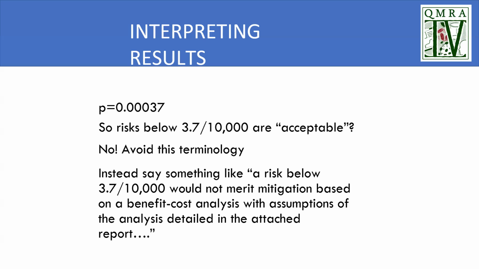One might say something like a risk below 3.7 in 10,000 would not merit mitigation based on a benefit cost analysis with assumptions of the analysis detailed in the attached report. And then you would provide all of the details of the cost benefit analysis that was conducted in that report.